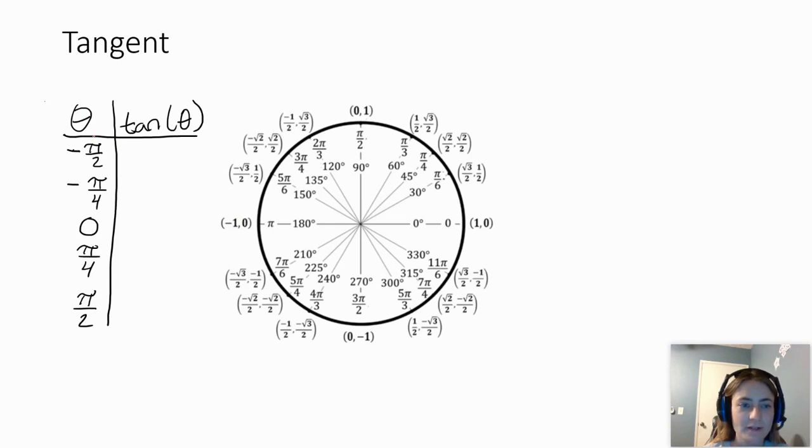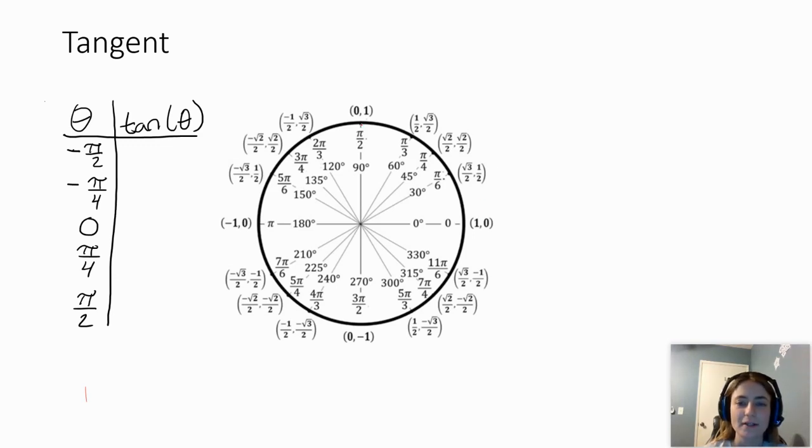So we've got some theta values here. Now a little bit different from the others we've been doing is we're going to start with some negative theta values. So negative pi over 2, negative pi over 4, 0, pi over 4, pi over 2. So when we're looking at negative angles on the unit circle, we would be going clockwise instead of counterclockwise.